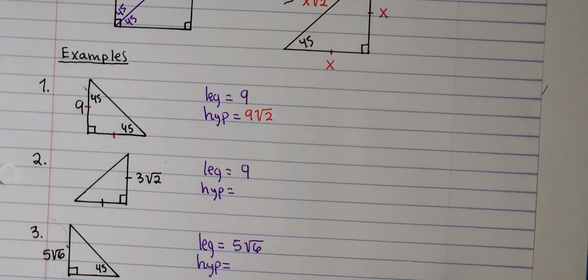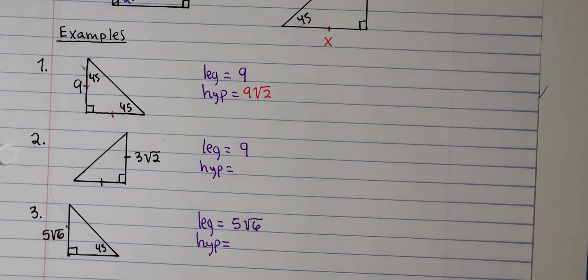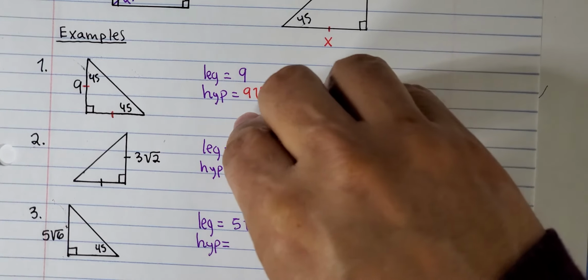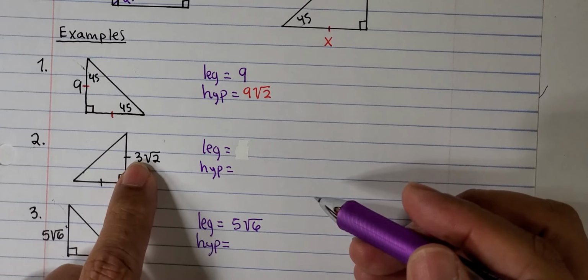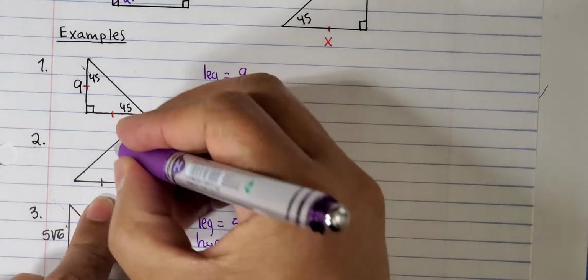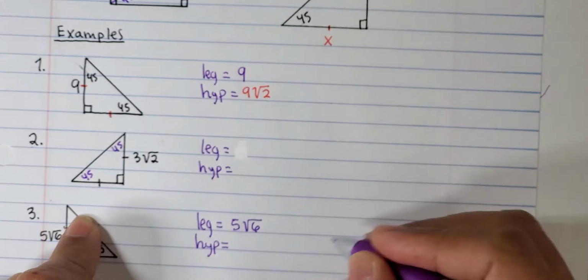So let's continue on to the next example. And for some reason, I made a mistake here. Let me just fix this real quick. Let me just correct that. Okay, so we're given that this is 3 square root of 2, and we're given that these two are equal, so that means we have 45, 45, 90 special right triangles.